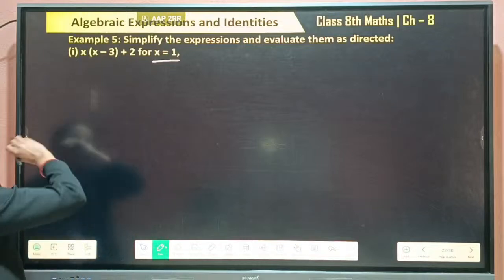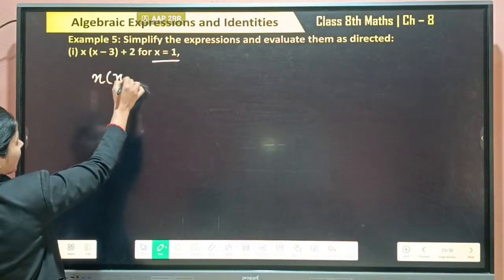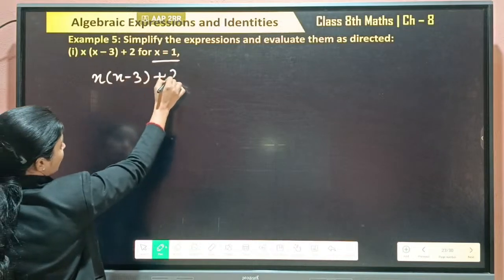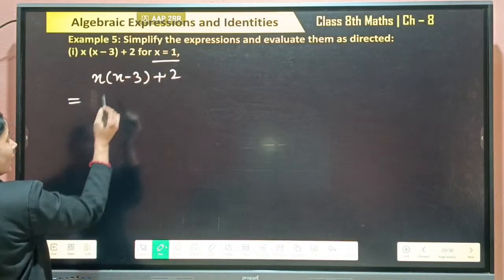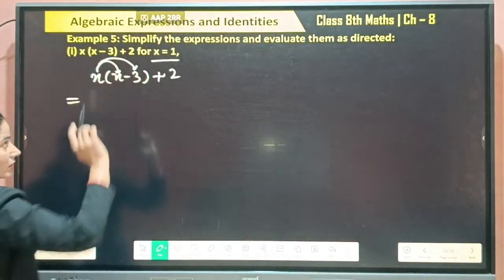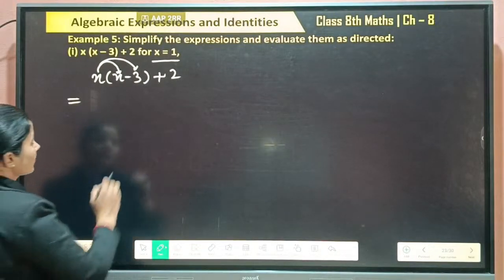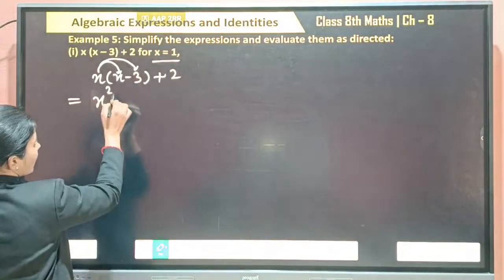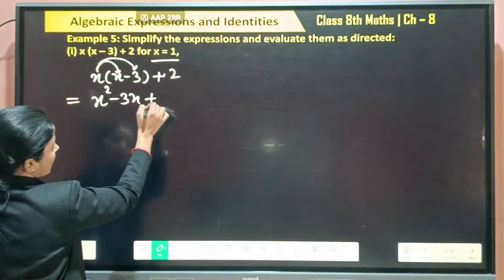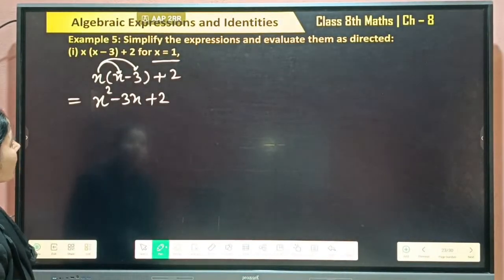First, simplification: x into x minus 3, plus 2. Simplification means I have to multiply this x with x and then with 3. Same terms I will write together and unlike terms at last. It will be x squared minus 3x plus 2. So this is the simplified form of the given expression.